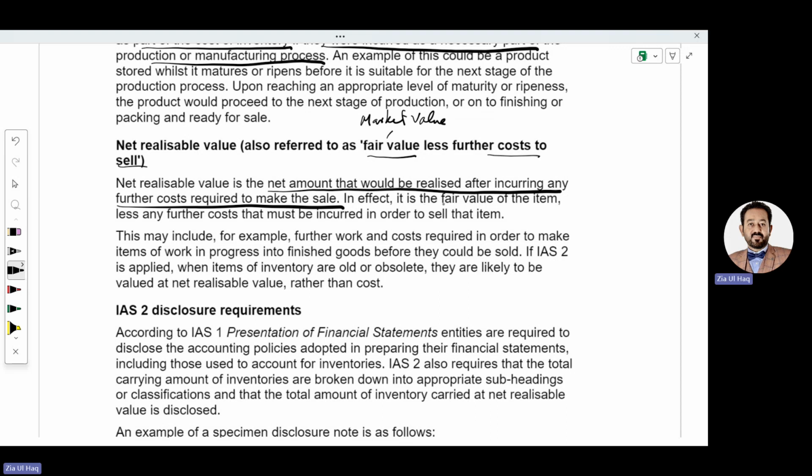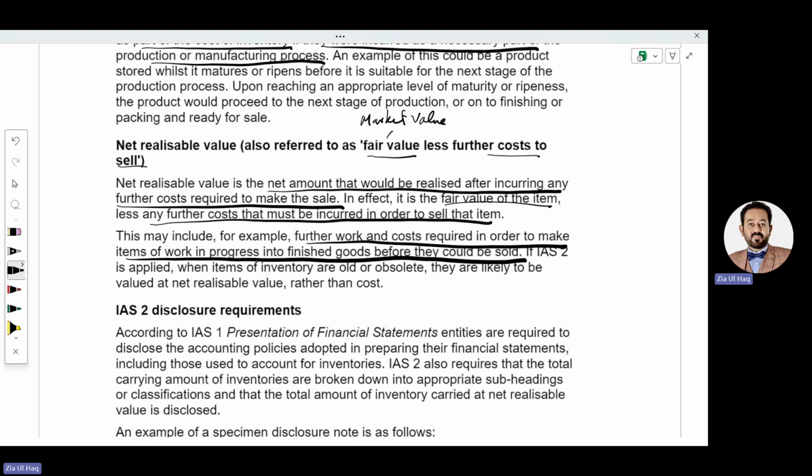In fact, it is the fair value of the item in the market less any further cost that may be incurred in order to sell the item. And this may include further work and cost required in order to make an item of work in progress into finished goods before they could be sold.